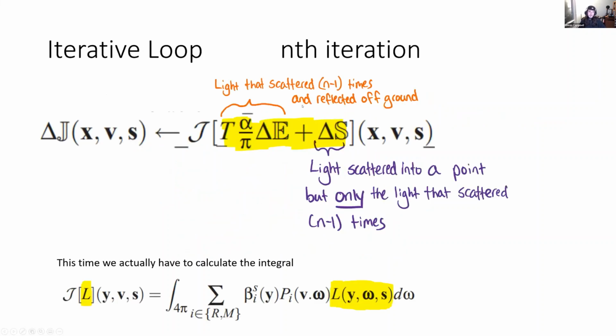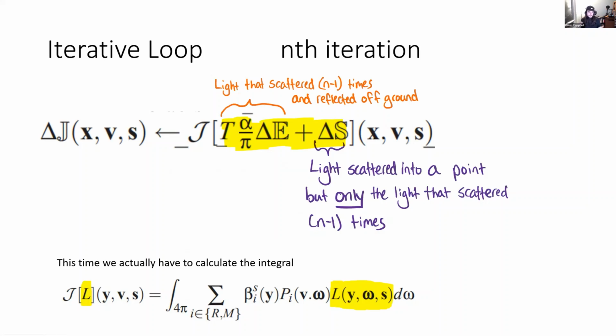Here's a breakdown of that one line of how we compute the delta in scattered single point table. This first part, the previous iteration's information, is the transmittance: how much of it reached that point, the reflectance of the ground irradiance, plus the in-scattered light. And remember, at first these will be just the direct light.